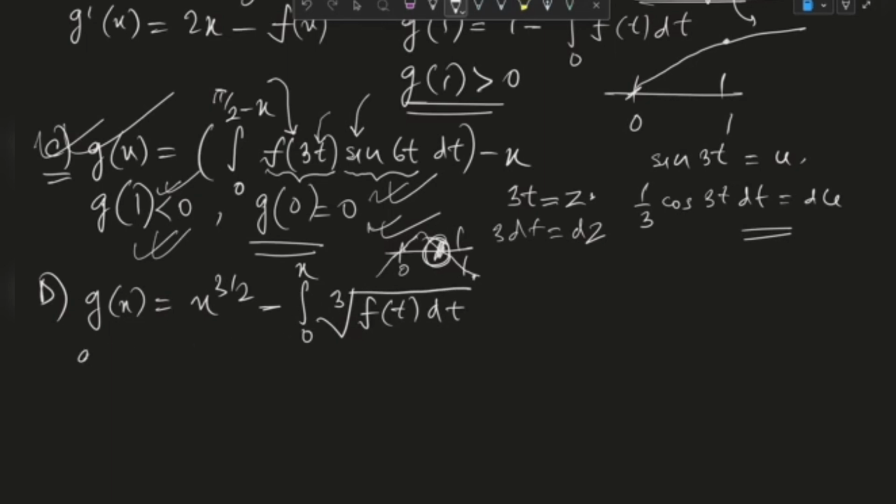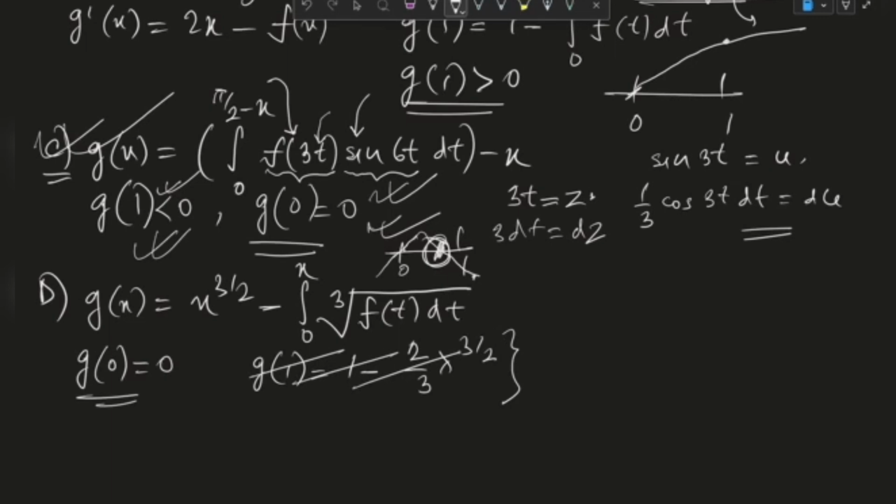So if you observe g of 0, it is automatically 0. No questions. And if you try to find g of 1, it will become some 1 minus 2 by 3 lambda power 3 by 2, something like this. Or what you can do is, no need to find g of 1 actually.